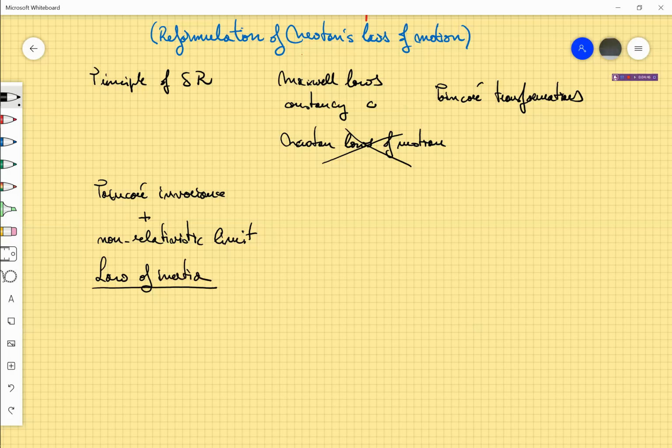The law of inertia can be written in this form. We're using Cartesian coordinates x^i, and trajectories of the particle, which are x^i(t), where t is the universal Newtonian time.